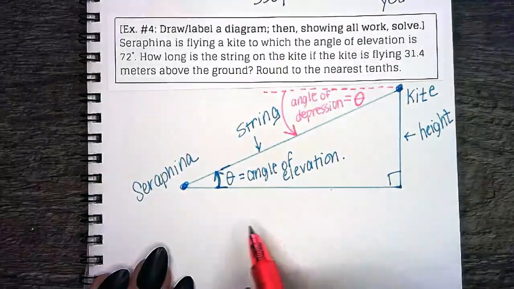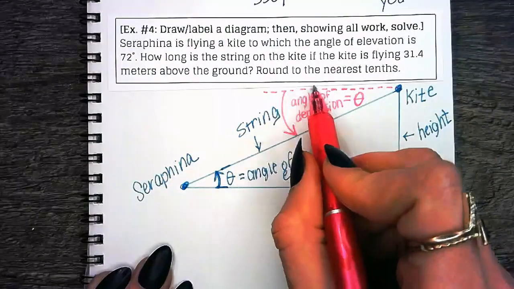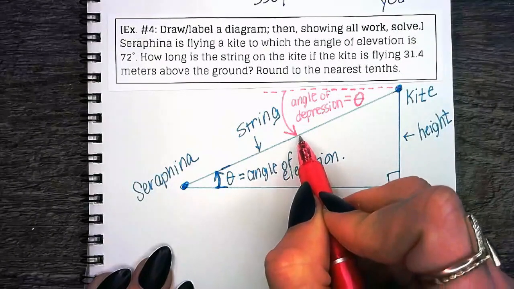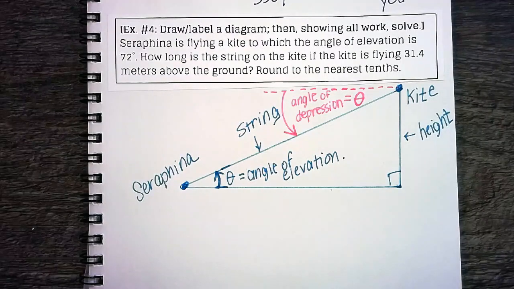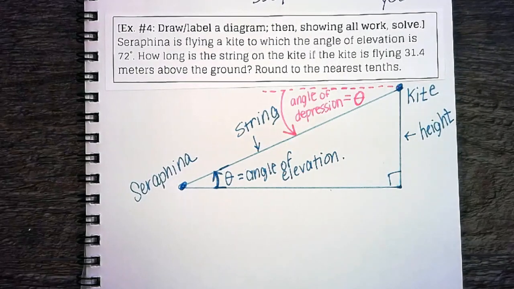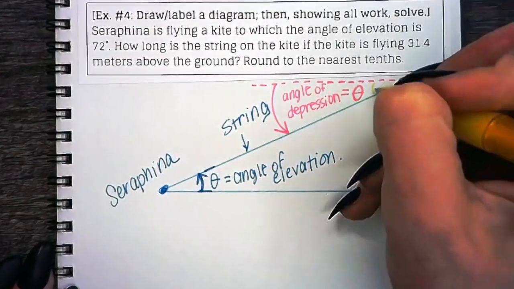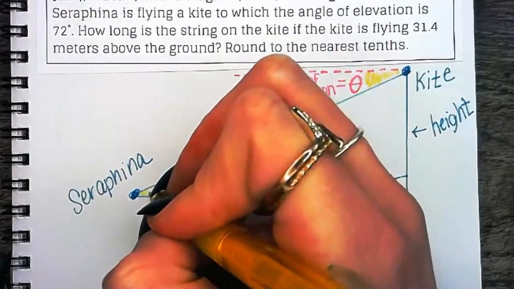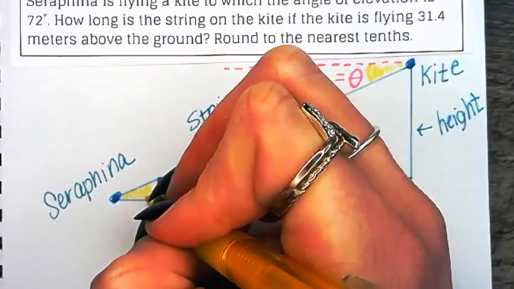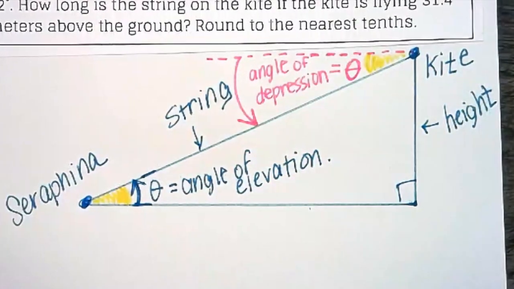The angle of depression is how far you tilt down or sweep down from the horizontal to get to the hypotenuse. And every horizontal line is parallel to every other horizontal line. So that means the angles of depression and elevation are going to be congruent angles. So this angle right over here and this angle right over here are congruent. They are alternate interior angles.